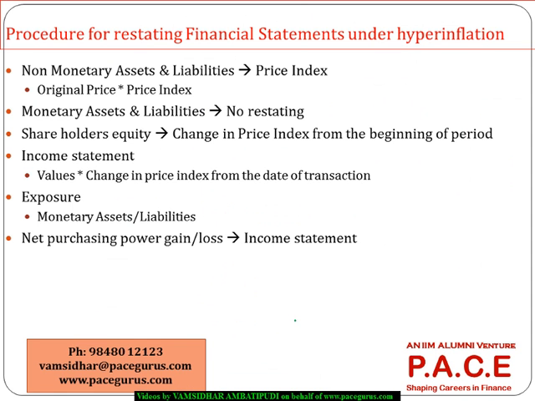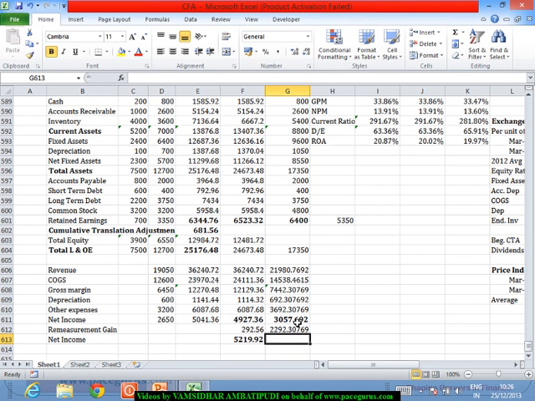Once I have made this financial statement adjustment for inflation, I will translate it into the parent's currency by using the current rate method itself. All the balance sheet items are now adjusted to the current rate, and I'll multiply both the assets and liabilities by the current exchange rate.